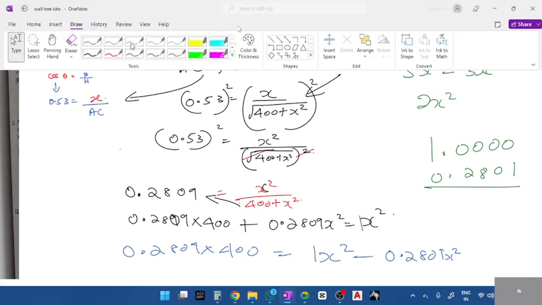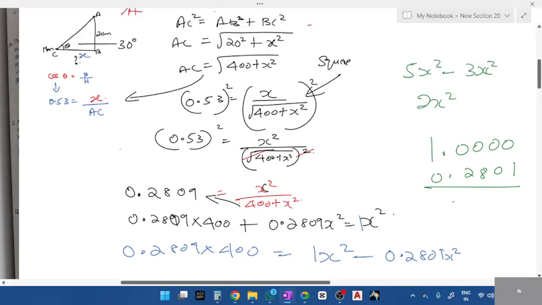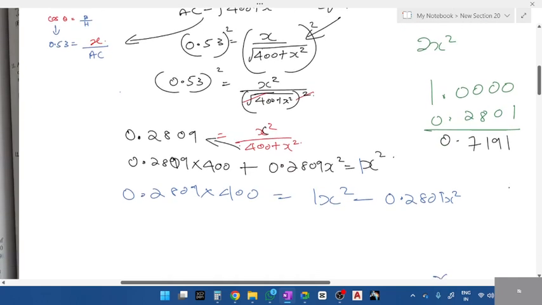So till now the table was not required. Tomorrow I'll teach you all two decimal and we'll start with tables. 0.7191. Did you all get 0.7191?